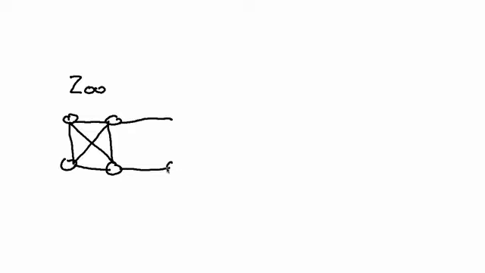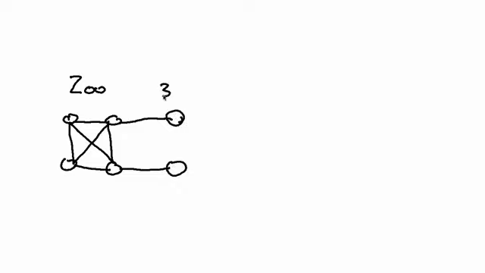So let's say we have an autonomous system, 200, and in our company we're running iBGP full mesh between all routers. And let's say we have connectivity to two upstream providers.